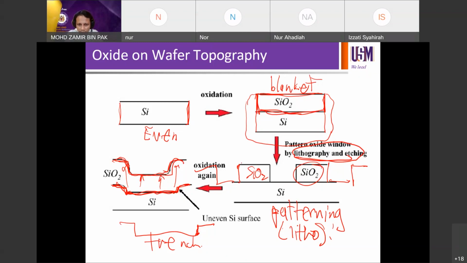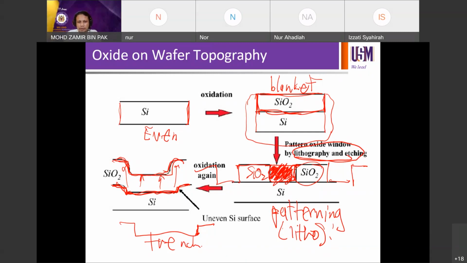Opening here means you open here. At first we have silicon with silicon oxide in the middle. Now we want to remove this portion and leave the left and right, right? So this is called the patterning process. We're going to cover this one more later on in litho and etch.